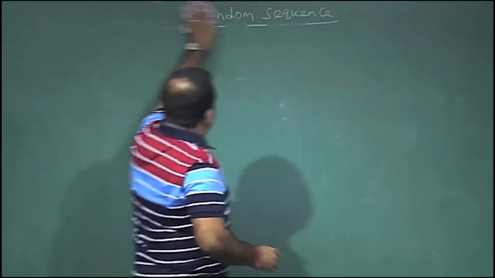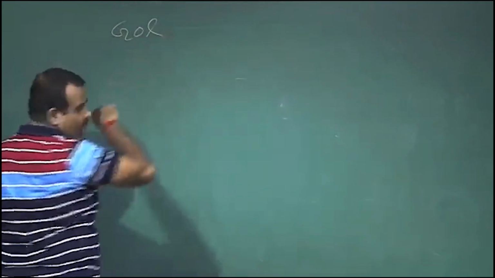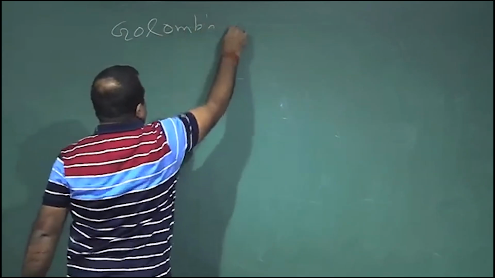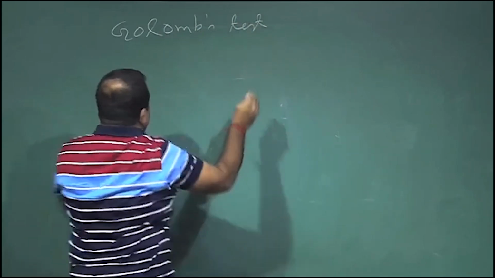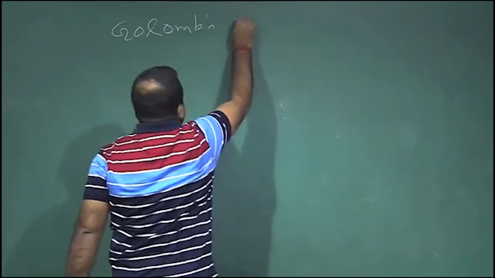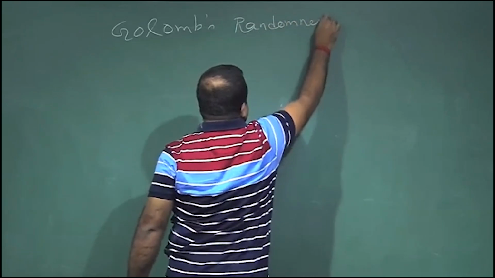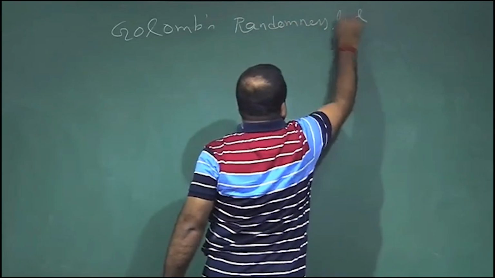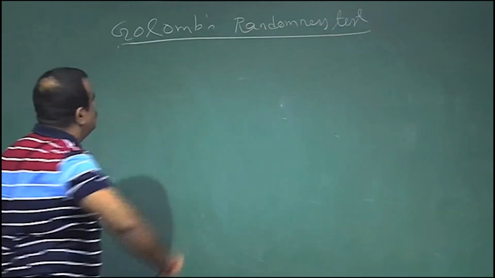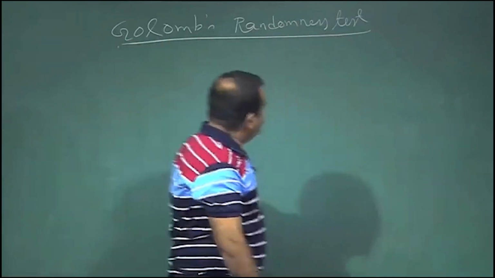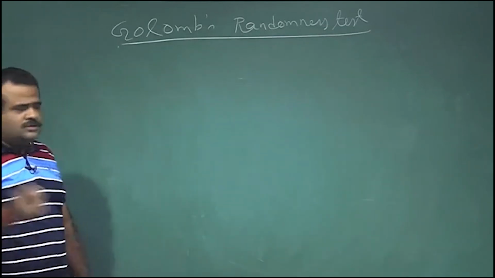So, these are Golomb's postulates. These tests are called Golomb's randomness tests. Okay. So, what is it telling? It has three rules, 3 postulates.